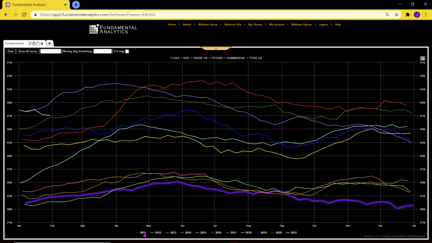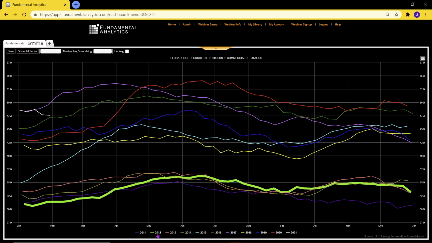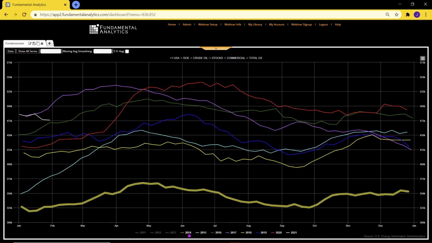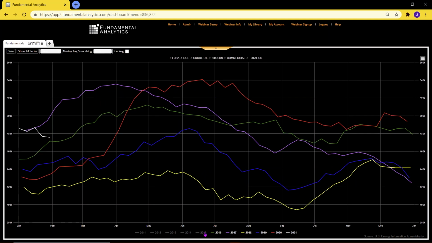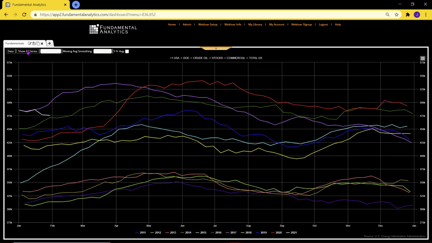Again, from a navigation point of view, if I point to a legend, it highlights that year's data. And if I wanted to remove the data from the screen to view specific or fewer years, I do it and it adjusts accordingly. If I click on Show All Series, it brings the data back.